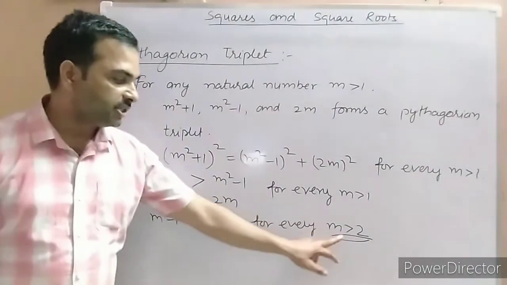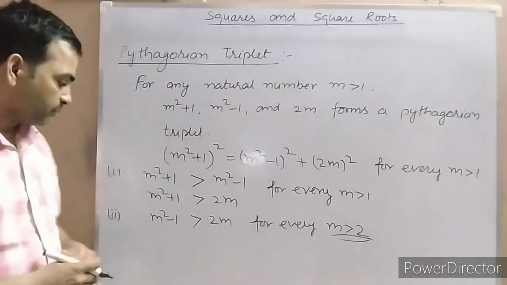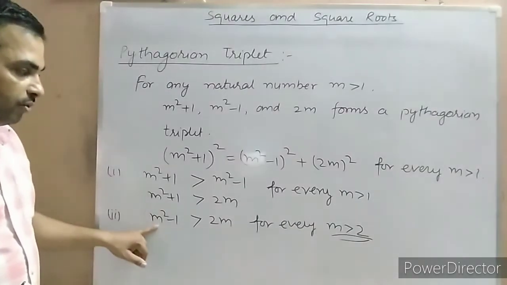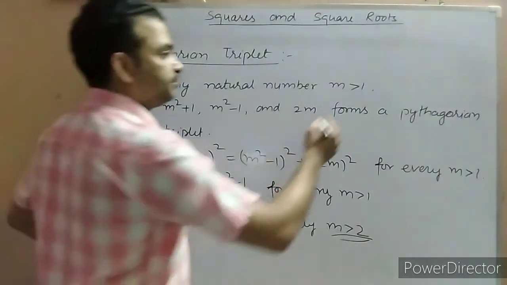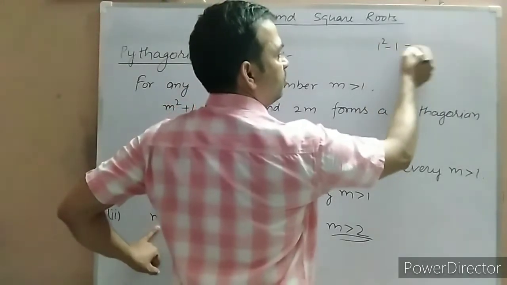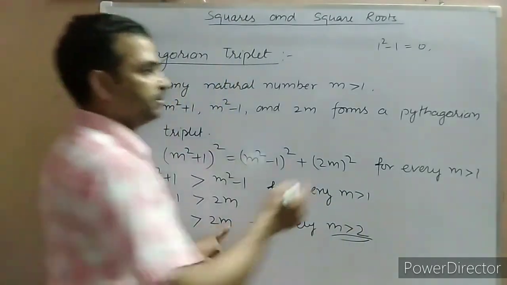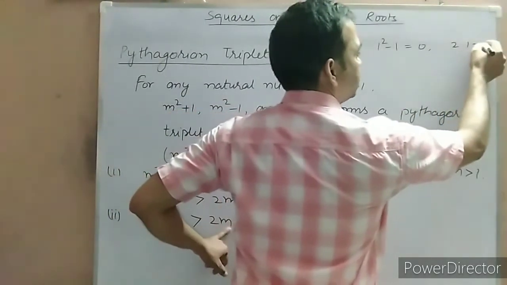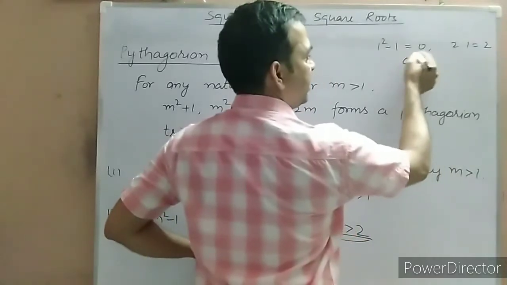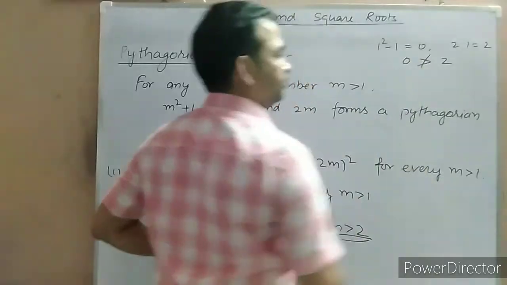If I take m equal to 1 and 2, then what will happen? If m is equal to 1, then we get 1 square minus 1 is equal to 0 and 2 into 1 is equal to 2. So we can see here 0 is not greater than 2.